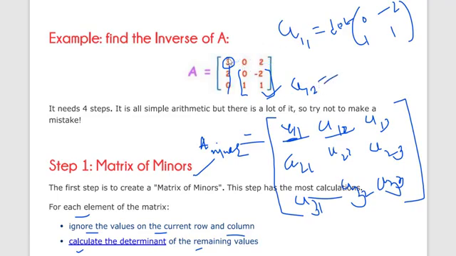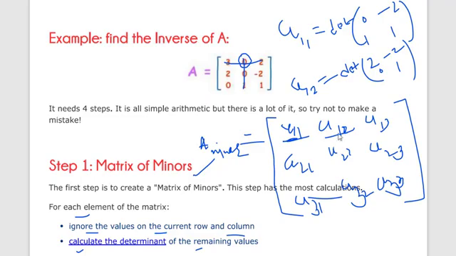Here in the matrix is A12. We will ignore this row and this column, and we will find the determinant of 2, -2, 0 and 1. We already know how to find the determinant of a 2 by 2 matrix. Simple: diagonal multiplication minus the other elements.